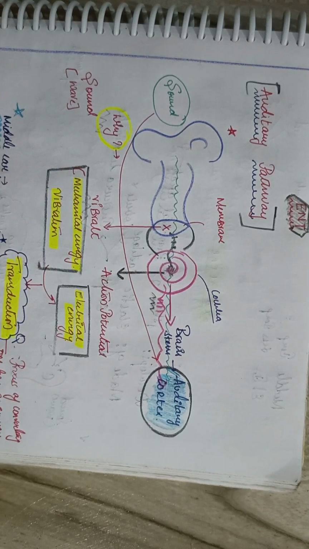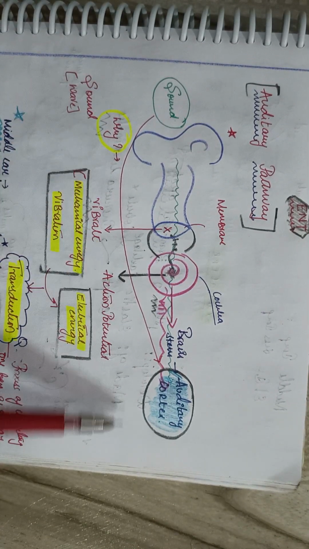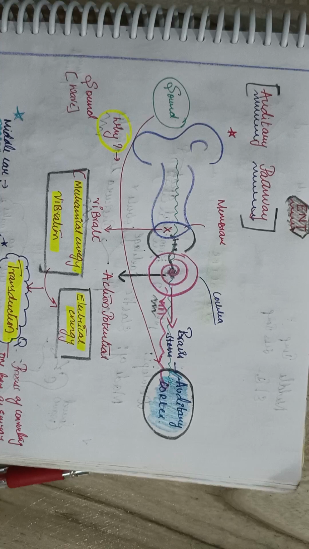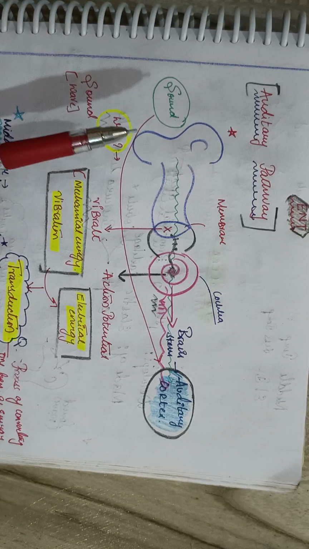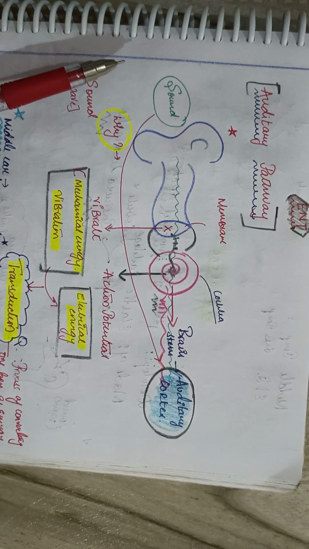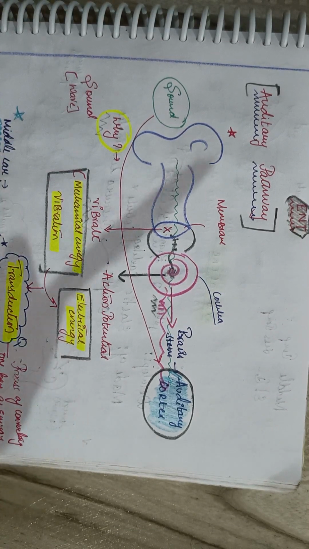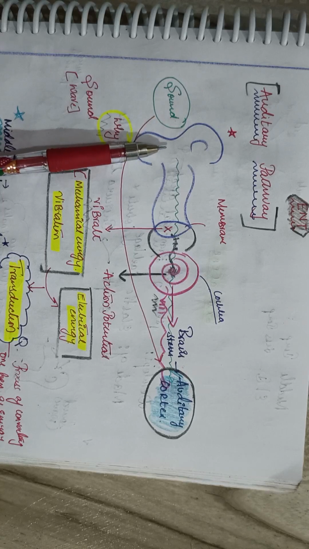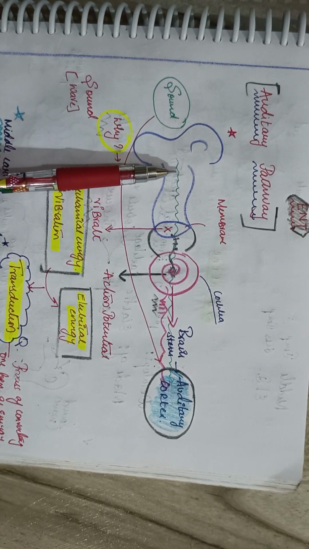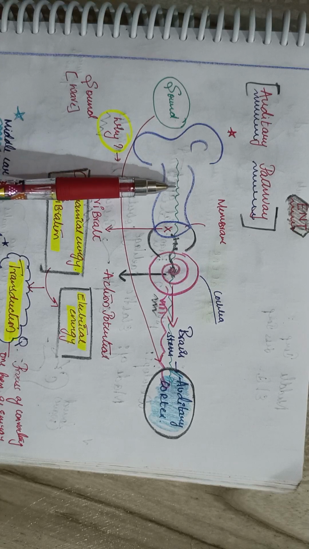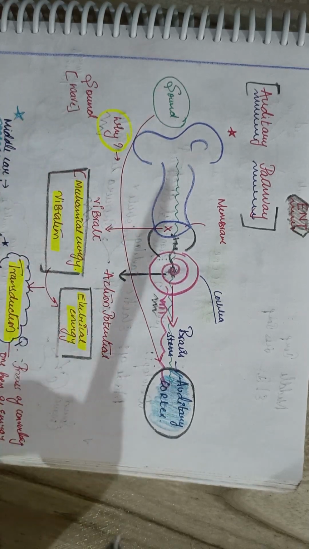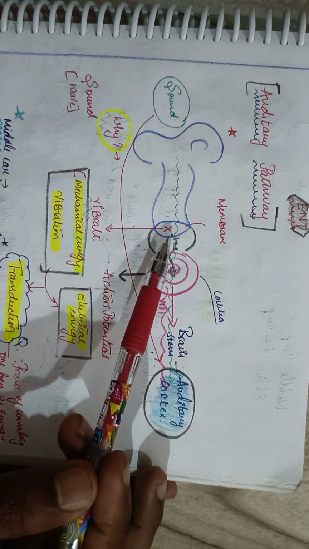This is a section with a simple diagrammatic representation of how we can hear. So this is an ear. If somebody speaks, you can look into this: the sound wave moves through the external auditory canal. From there, what does it do?